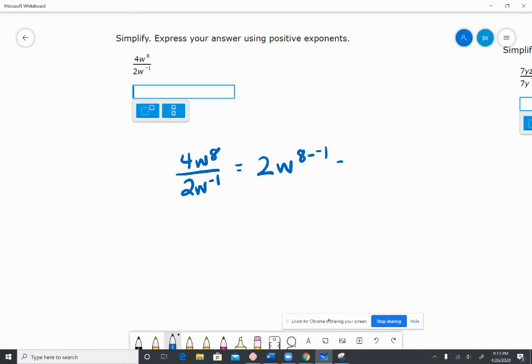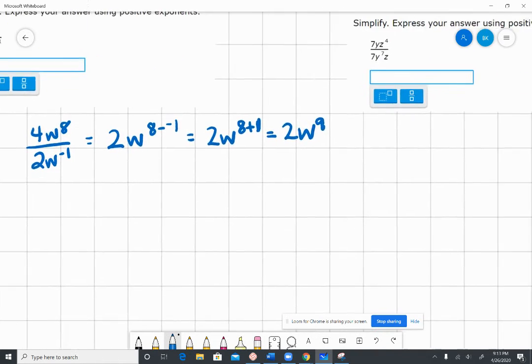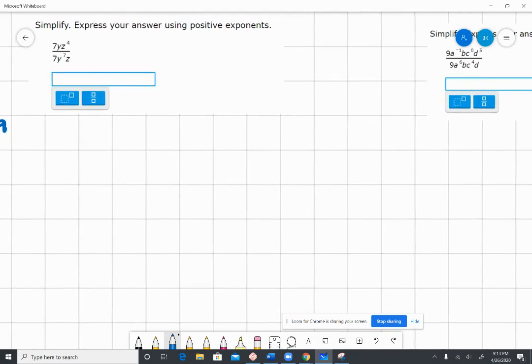So that really just turns that into 2w, 8 plus 1. Okay, so when we simplify it even further, we have 2w to the 9th power. That does not look like a 9. There we go. Okay, then it gets a little bit harder.